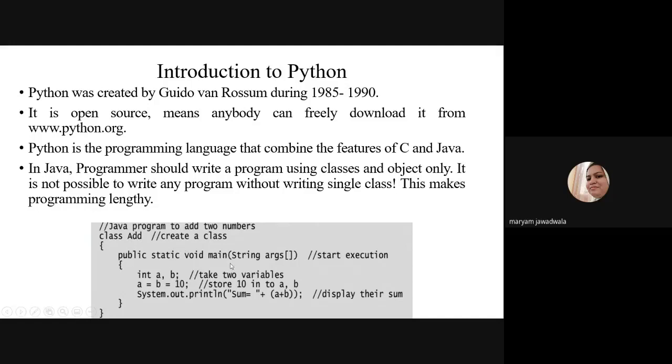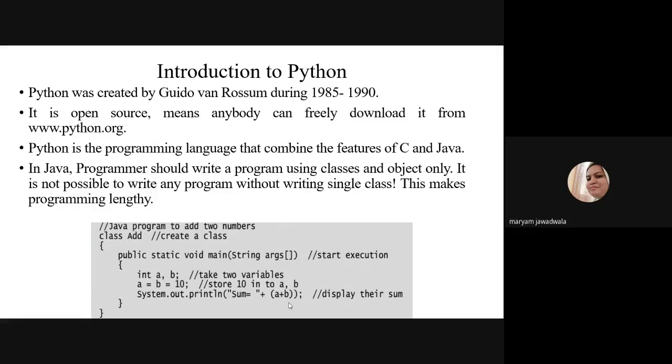And in public static void main, you need to declare two variables a and b, and after that you need to assign the value a equals b equals 10. Multiple assignment is possible in Java, and then using println statement you need to display the result, sum is equals to a plus b. So this is the lines of code in Java, right? So this is very lengthy.